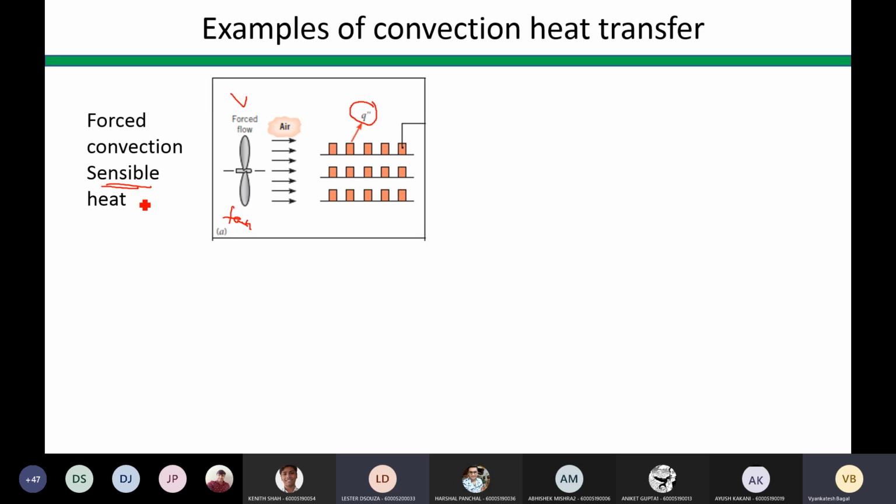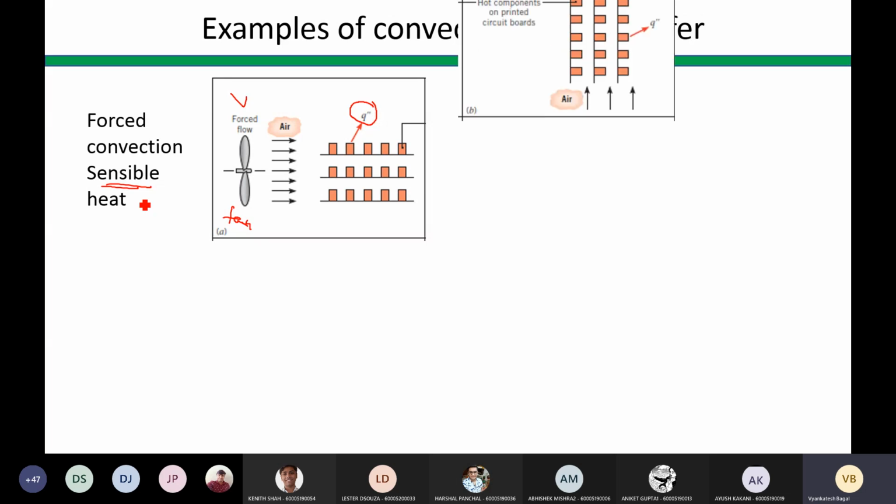Enthalpy difference, no temperature difference. Okay, at the end of this slide, you will automatically come to know what we mean by sensible heat and what we mean by latent heat. So the first example is forced convection, where you are extracting the sensible heat.